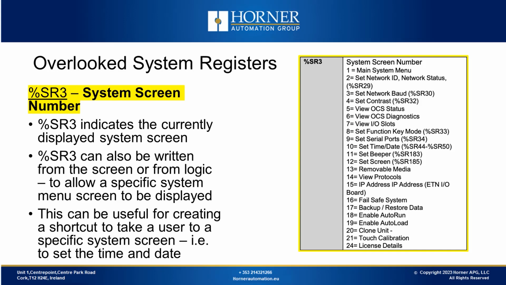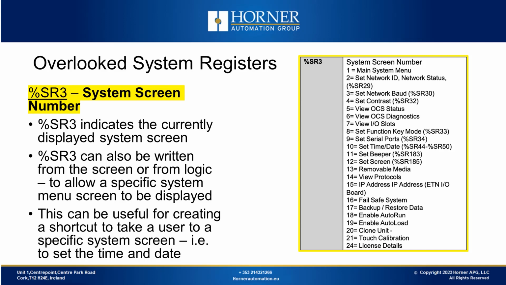SR3 indicates the current displayed system screen. SR1 and SR2 are not overlooked. SR1 contains the user screen number displaying the current screen chosen by the user. SR2 is the alarm screen number, showing the screen displayed when forced from logic using a D-type coil.